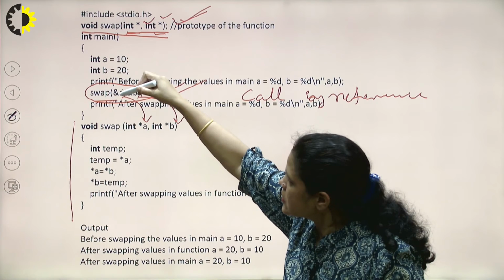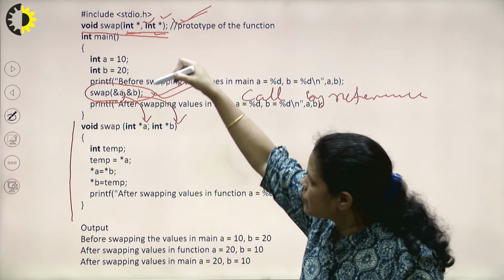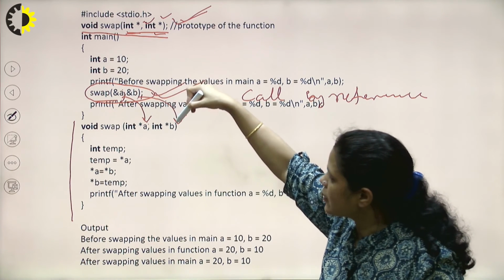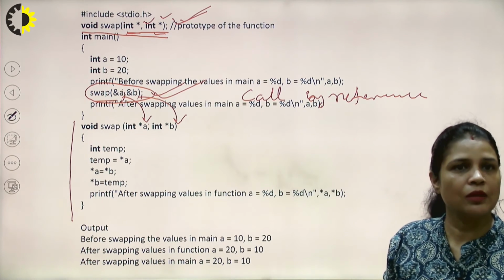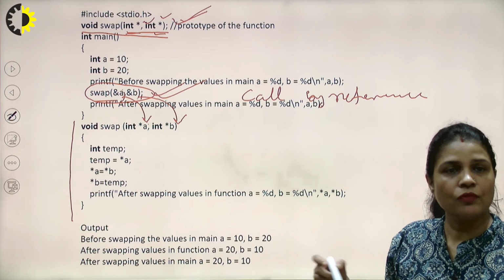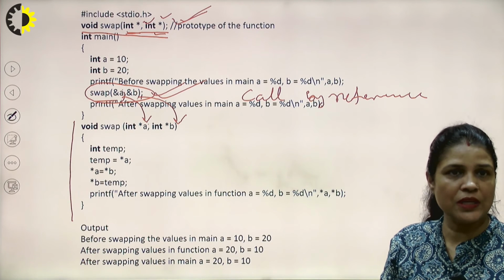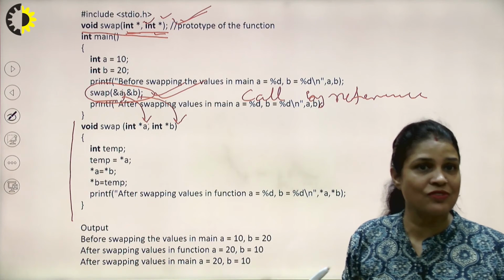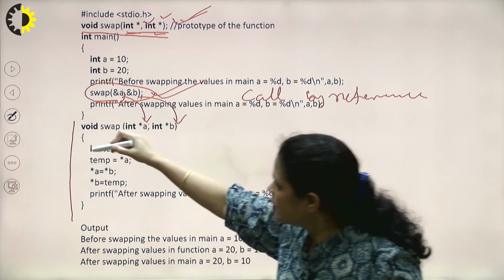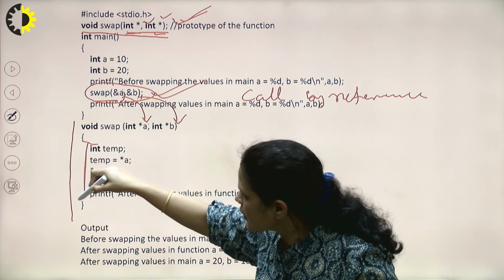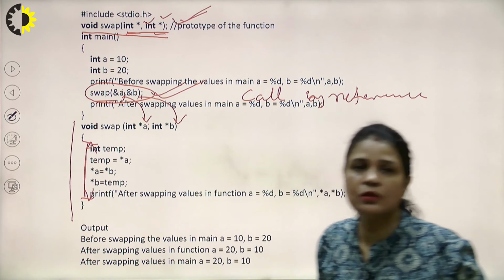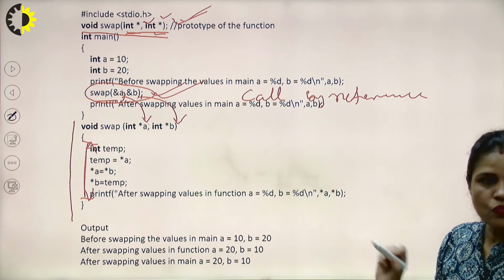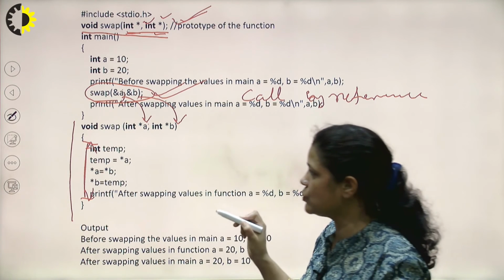So here this address is passed in this pointer, and this address is passed in this corresponding pointer. Now the memory allocation for both formal and actual parameters is the same because the addresses are the same. Here we are applying the same logic. By using a third variable, we are swapping numbers, as we are using pointers.